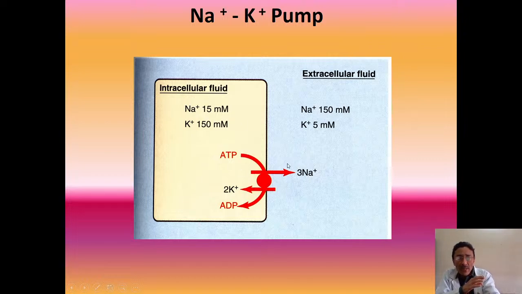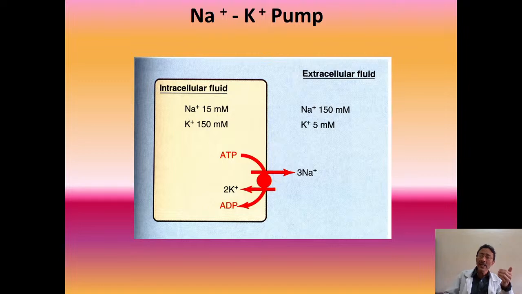Now, the sodium potassium pump is a carrier protein. It is present in the cell membrane, and whenever it is activated, it will transport 3 sodium ions from inside to outside and 2 potassium ions from outside to inside. That means it is transporting sodium ions against the concentration gradient, and simultaneously transporting potassium ions from outside to inside against the concentration gradient.